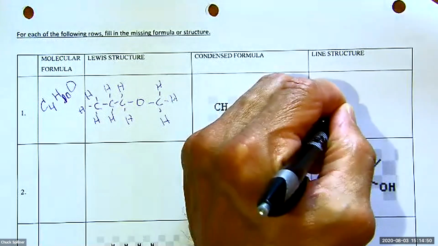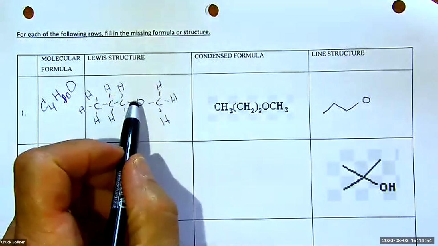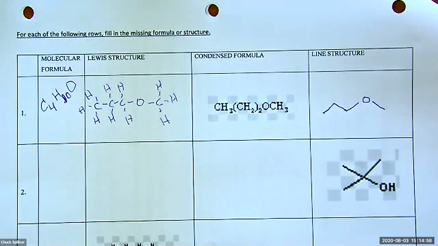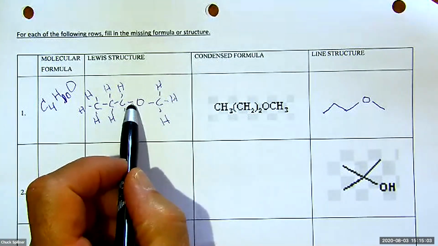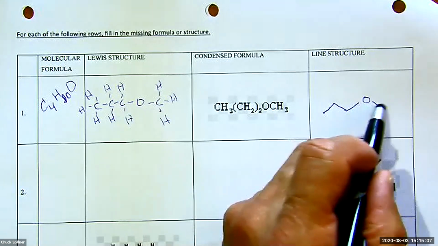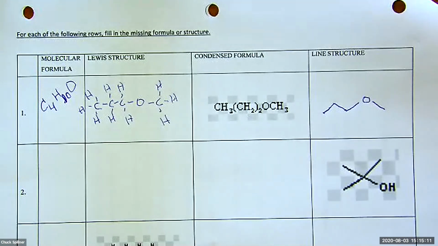And then that CH2 down here, it's a CH2 because it's connected to the oxygen. And then we have one more line to the CH3. So remember the lines show the bonds. So we have this bond here to oxygen. We have 2 bonds on each side of the oxygen that are shown there. And the CH3 is just the end of the line. So that one looks like that.